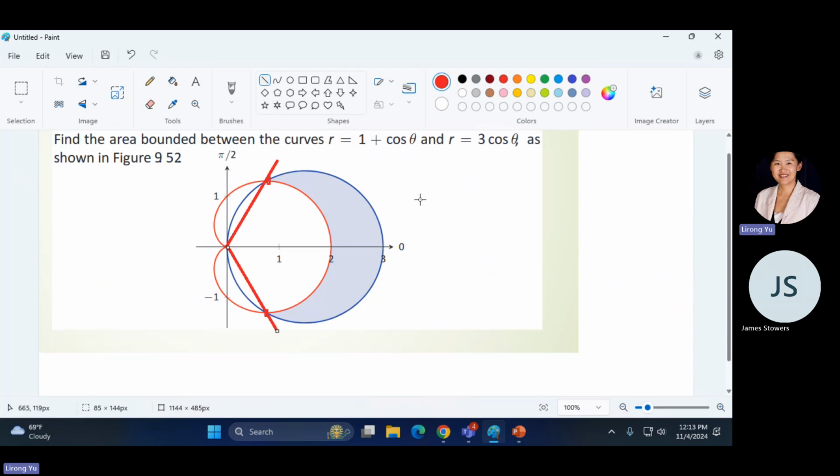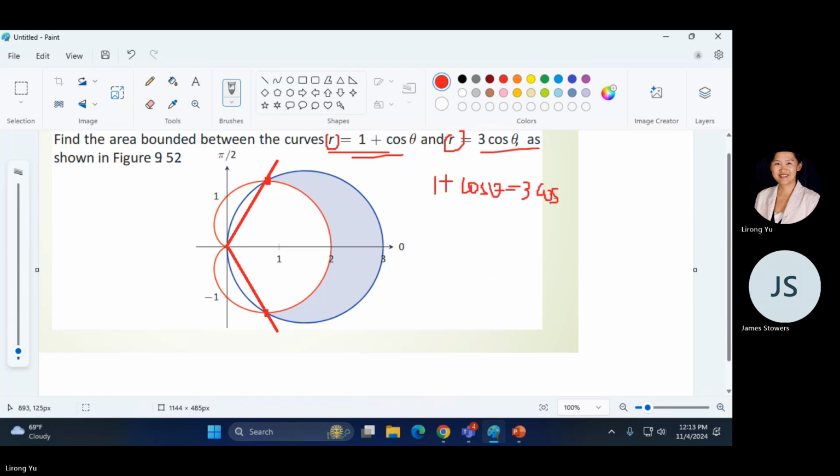So we set them equal, because this radius is the same as that radius at the intersection. They're not routinely equal to each other, but when the curves are intersecting, they have the same r and same theta. So we set these two equal: 1 plus cosine theta equals 3 cosine theta.